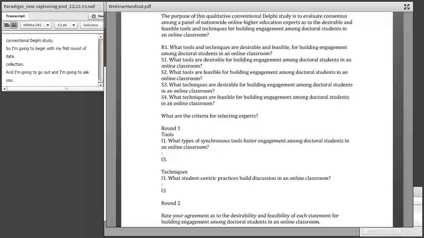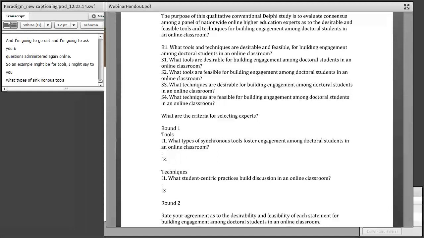So an example might be for tools. I might say to you, what types of synchronous tools foster engagement among doctoral students in an online classroom? It's semi-structured, open-ended. You'll answer me in the SurveyMonkey environment, and you'll write in your answer to the question. I'm going to ask you 2 other questions as well about engagement, and then I'll ask you 3 questions, open-ended again, about techniques.